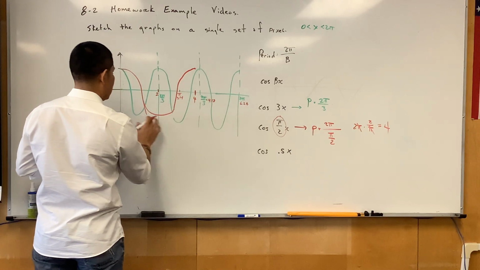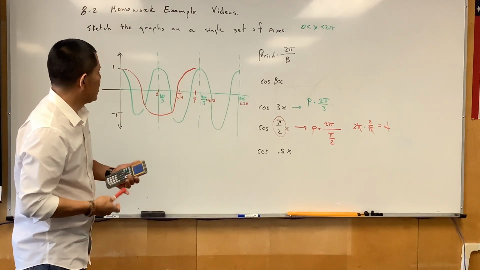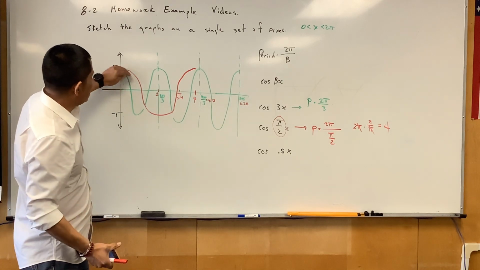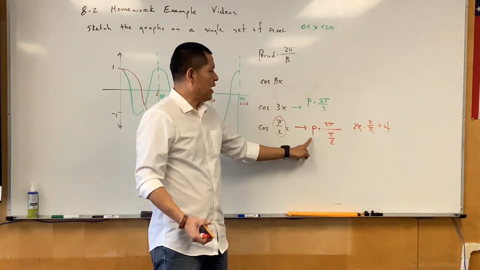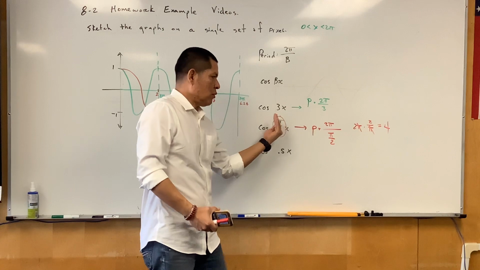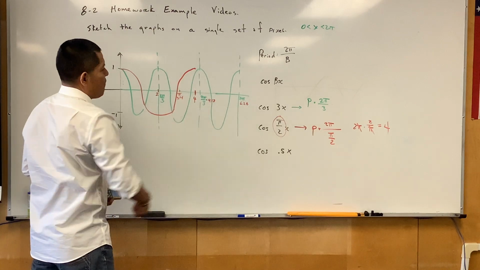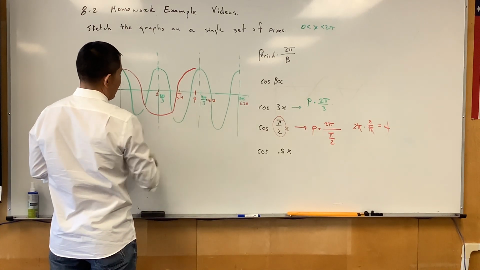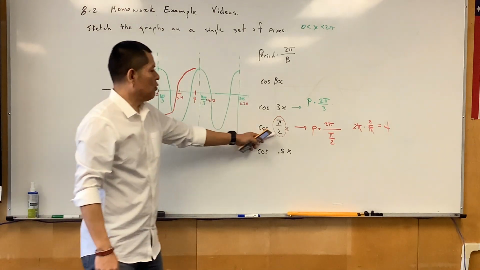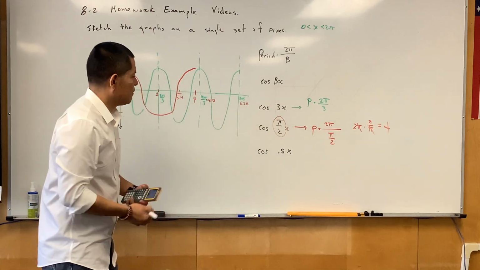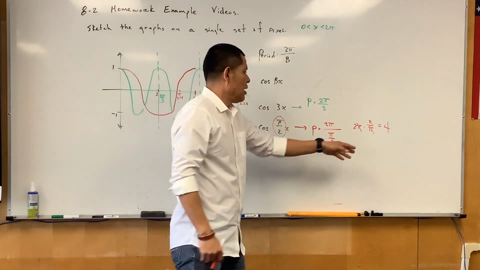There we go. So the red function starts at 0, drops down, comes back up, and ends at 4. That's what this period says. It starts at 0 and goes to 4, then repeats every 4 after that. My graph looks kind of weird, but that's what we're doing for the cosine of pi halves x. We have to find the period, and then once we find it, we can make our sketch.